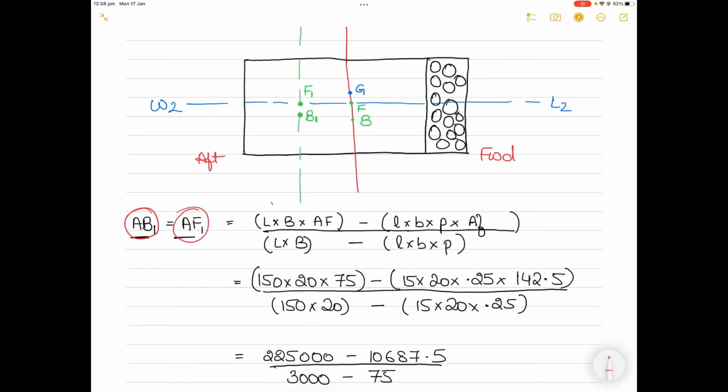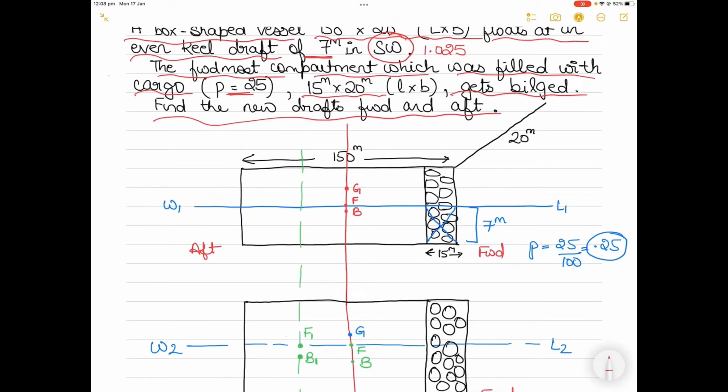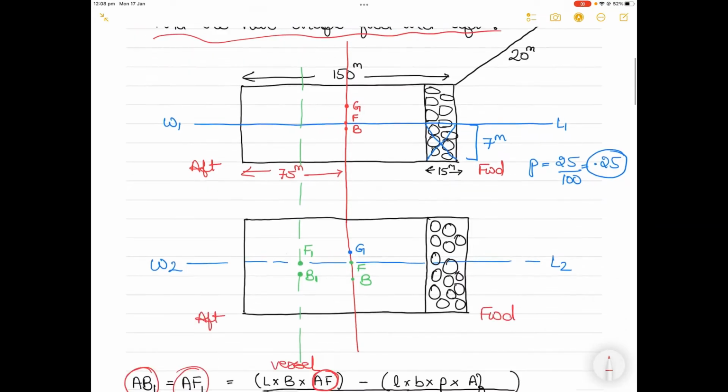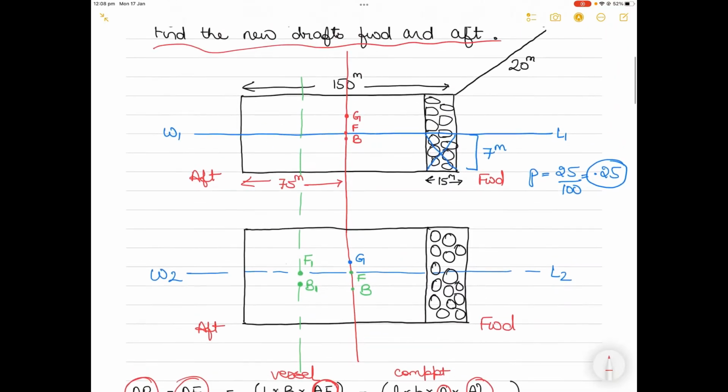Alright, so what is the new formula? Length and breadth of the vessel multiplied by the original longitudinal center of flotation AF. The original center of flotation was located at midships, so AF was 75 meters. That's why I said I'll show you the distances as we go along. Then the length and breadth of the forward compartment, multiplied by permeability denoted by the letter P, and multiplied by the distance af.